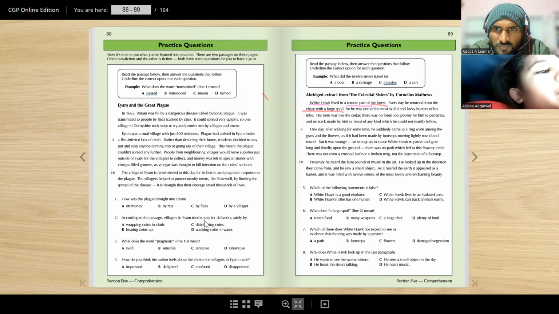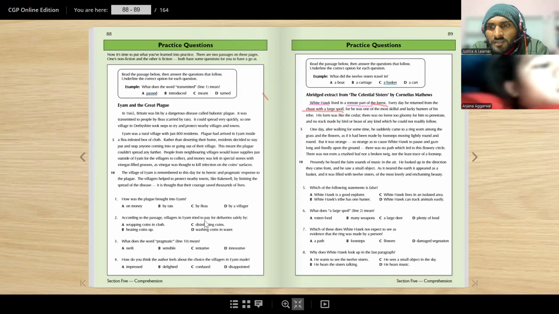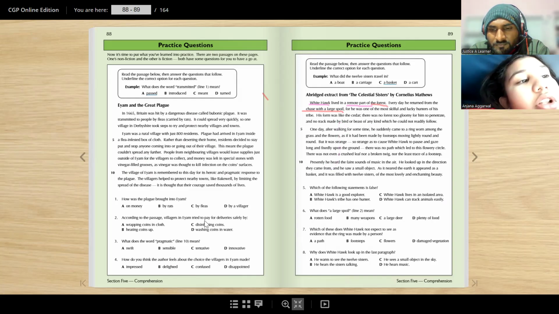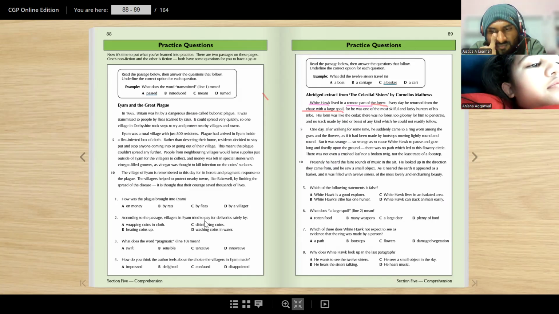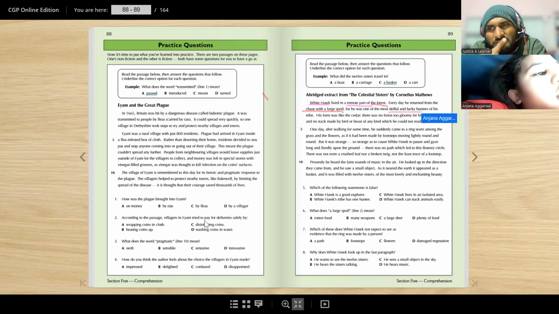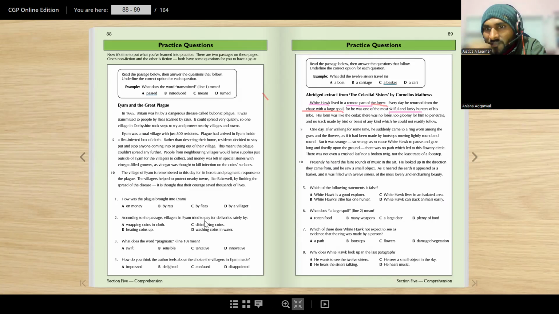For he was one of the most skillful and lucky hunters of his tribe. Spoil can also be used in poetic or literary terms, sometimes meaning robbery. So I'm just trying to find it with the context.